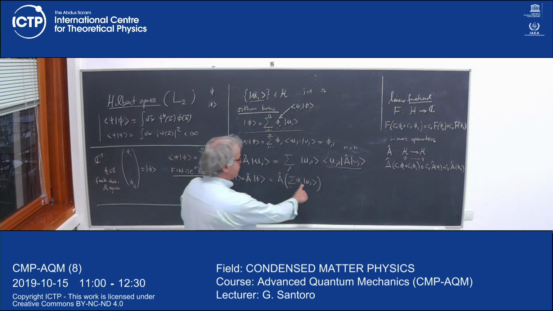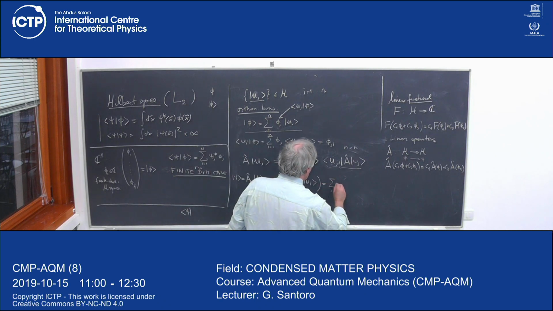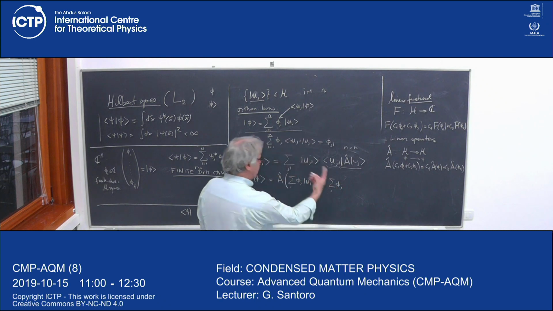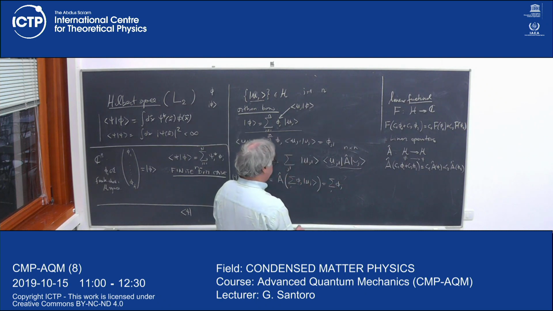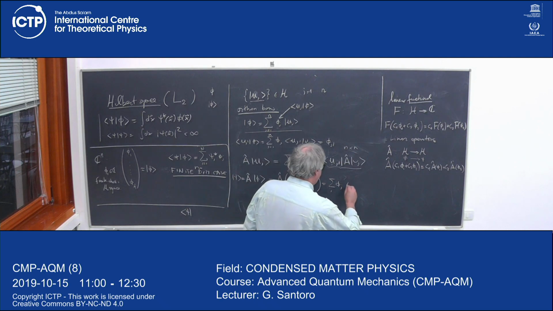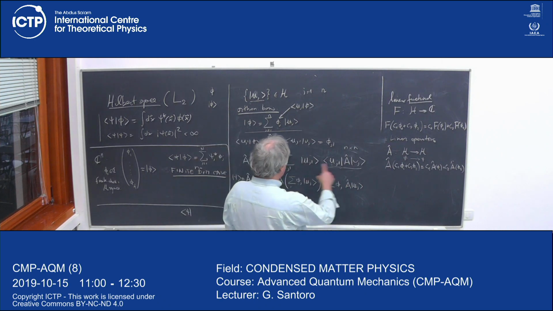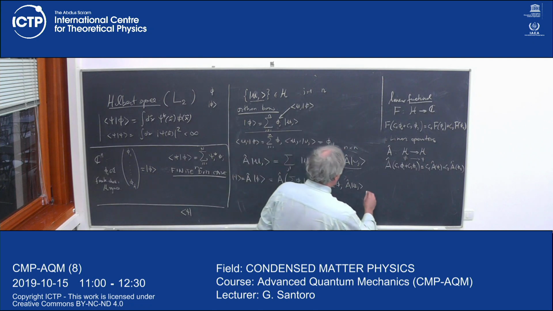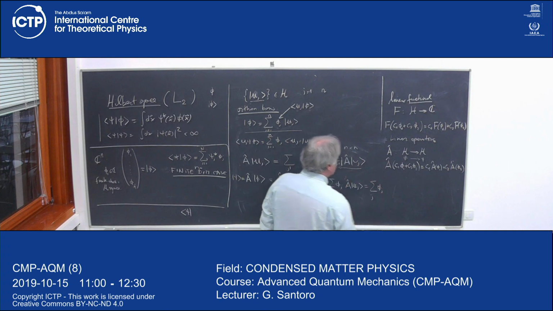But this is a linear operator, so this is equal to the sum over j of phi j, I can take it out, this is a constant, times A applied to uj. Okay? Do you follow? But A applied to uj, I told you what it is equal to, so here I rewrite the sum over j, phi j.